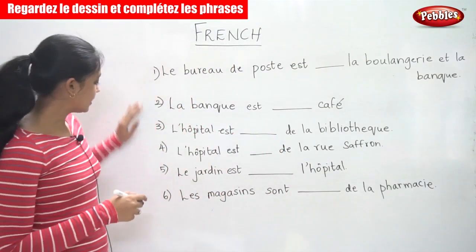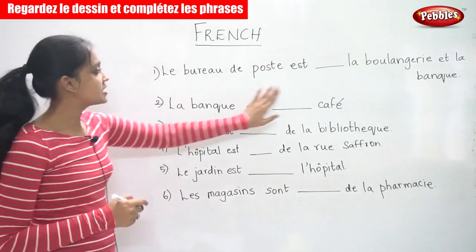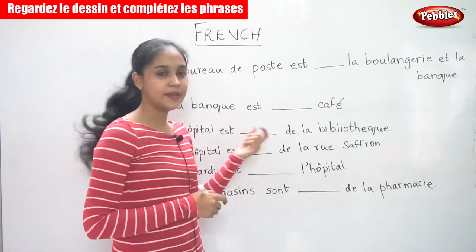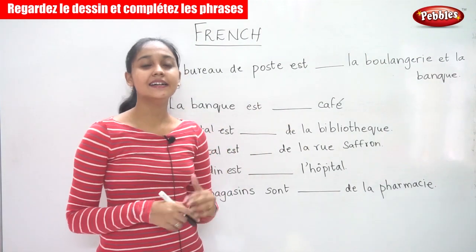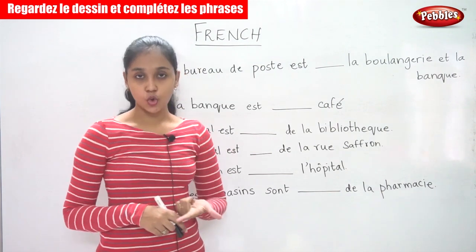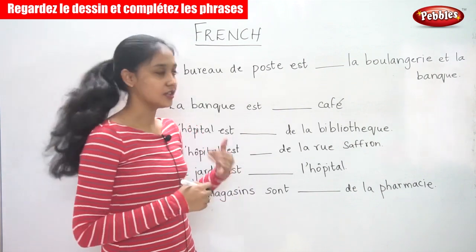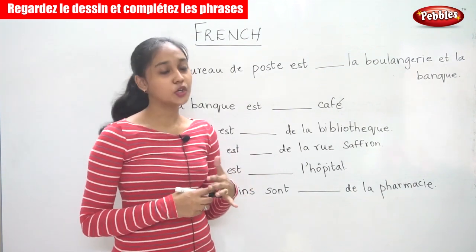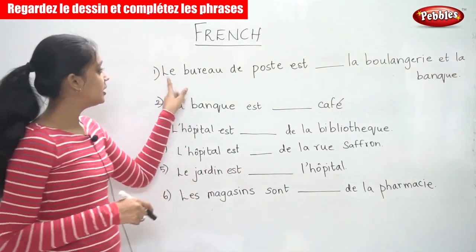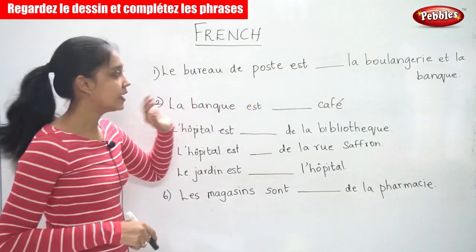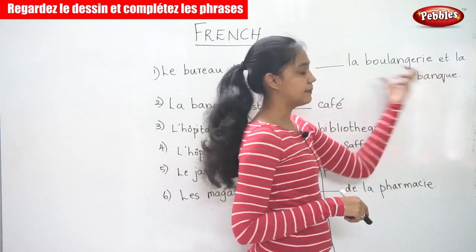So here are the 6 sentences, and for each sentence we have a blank space that we are going to fill in with words like à droite, à gauche, then en face de, etc. Devant, derrière. I hope you remember all those words. So the first one, le bureau de poste est dash la boulangerie et la banque.